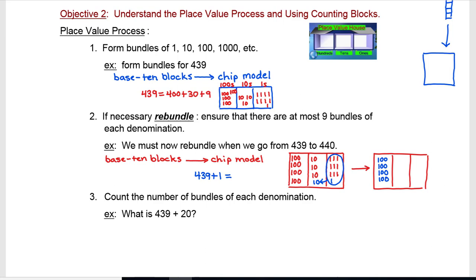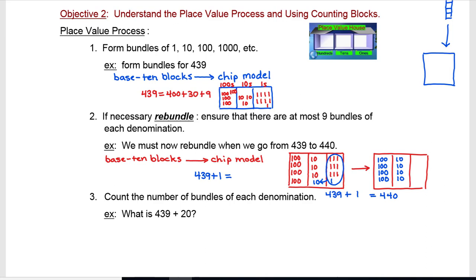The hundreds didn't change. But instead of only having 3 tens, we're going to have 4 tens, and we're not going to have any ones because we moved them over. So, in other words, 439 plus 1 is equal to 440.